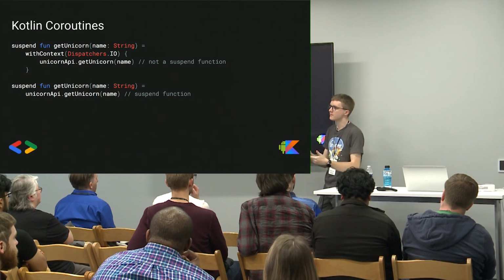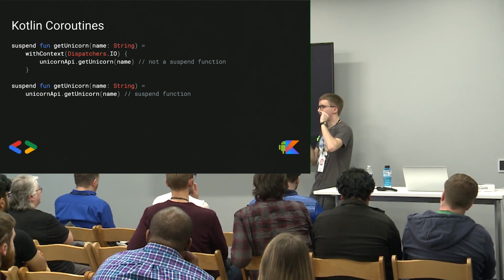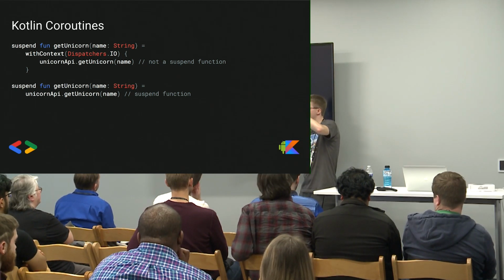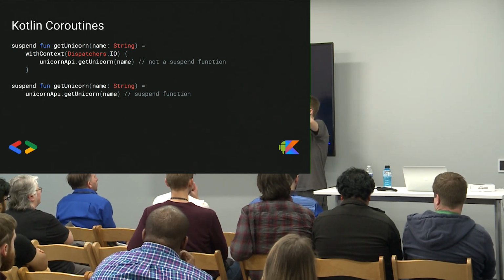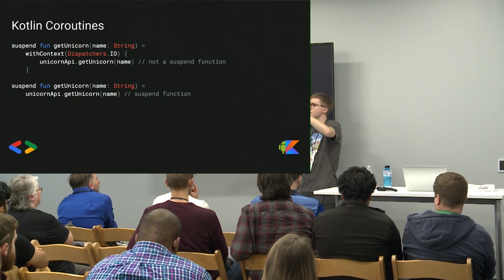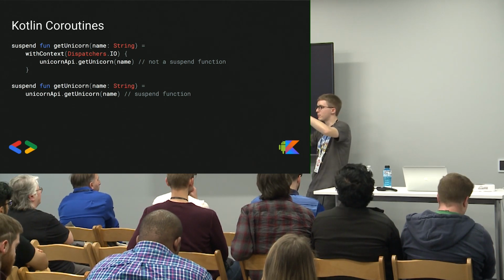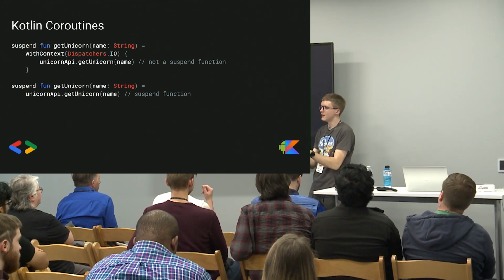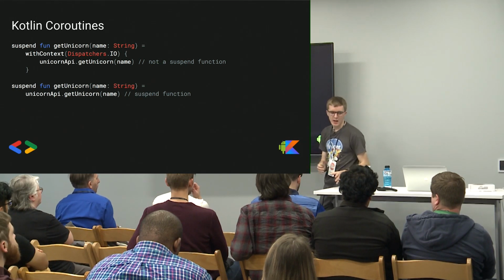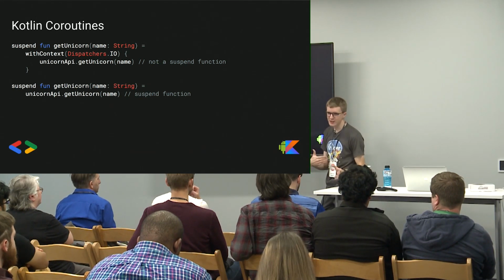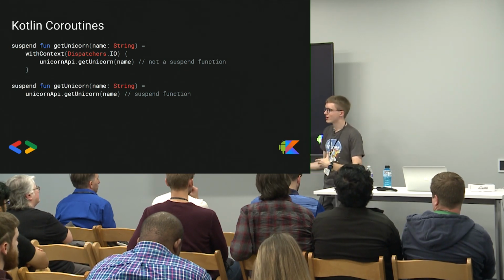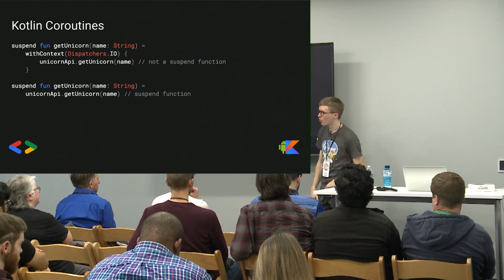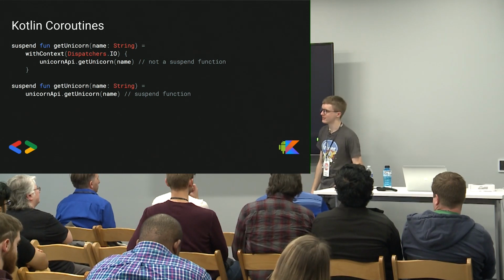You would use async, and now you're saying, okay, now we're doing parallel work, right? We're going to mutate the unicorn asynchronously at the same time that we persist the unicorn, and then display that as soon as possible. And that coordination allows you to do a lot more powerful work with coroutines.